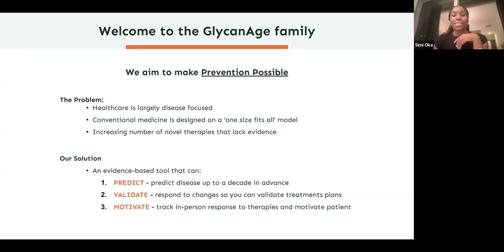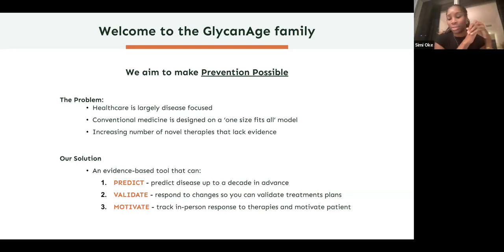So I guess the first thing we want to understand about GlycanAge is that we have a really big focus on prevention. As I mentioned, I made the move from traditional healthcare into GlycanAge because for me it was really important that we were looking at prevention as opposed to disease care. One of the key problems we know exists within healthcare is that it is largely disease focused.